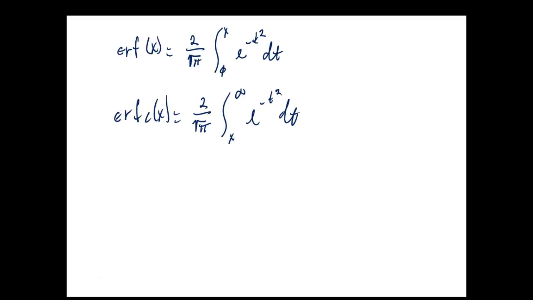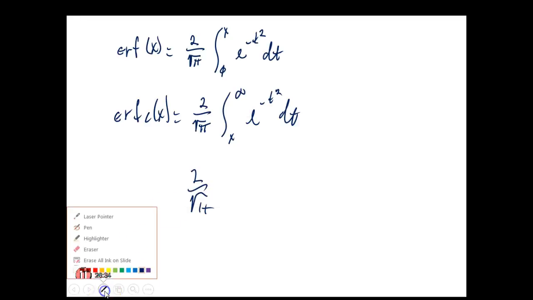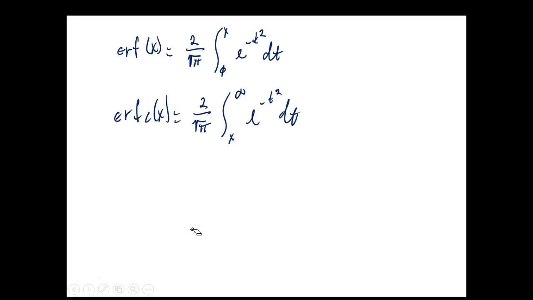Okay? From the known result that this integral from 0 to infinity of e to the minus t squared dt is equal to the square root of pi over 2.